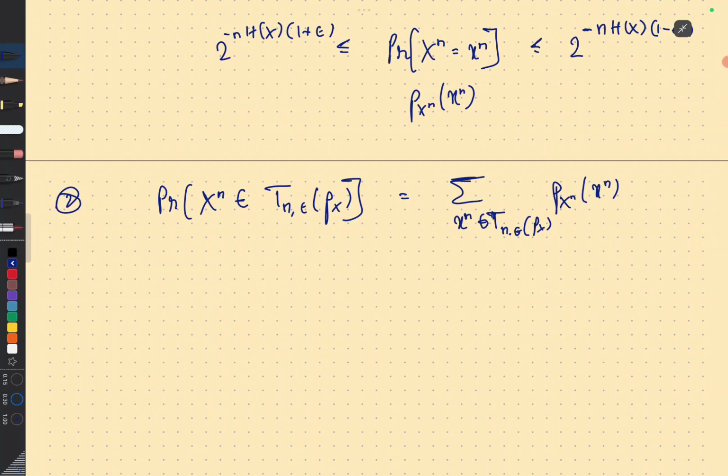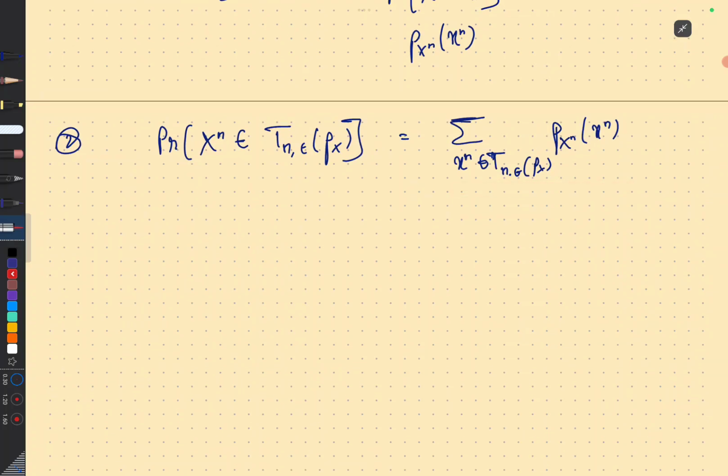Let's do two things. First, we'll derive an upper bound on the size of the typical set, and then we'll derive a lower bound. For the upper bound, this quantity is a probability, right? And how large can a probability be? It can be at most 1. So this quantity is at most 1.